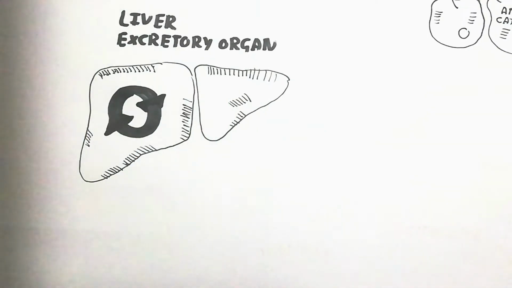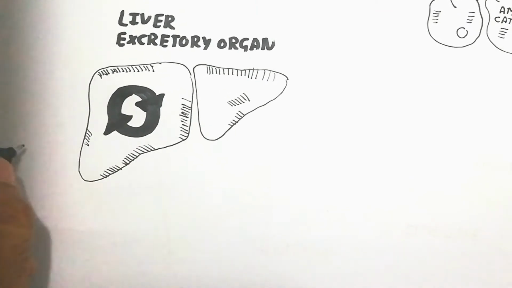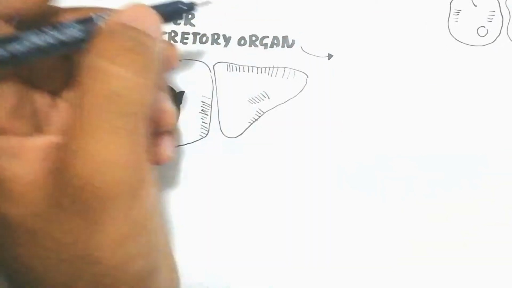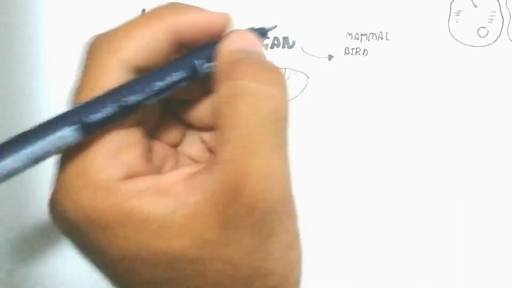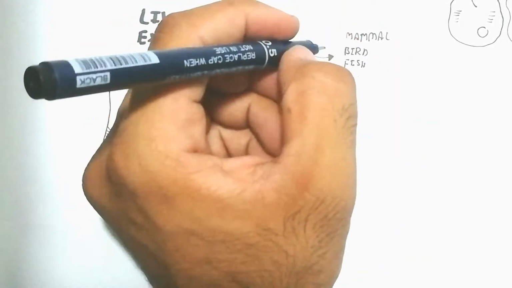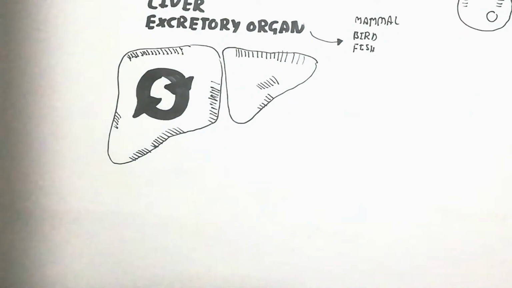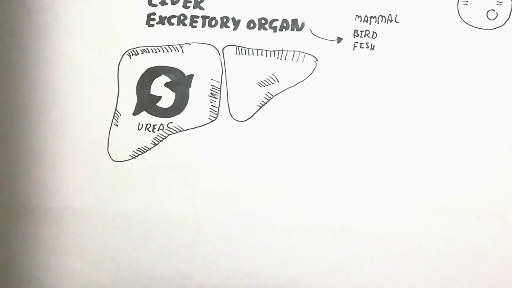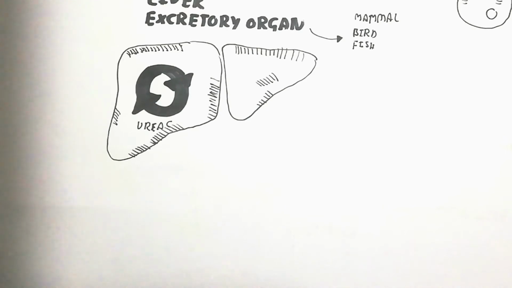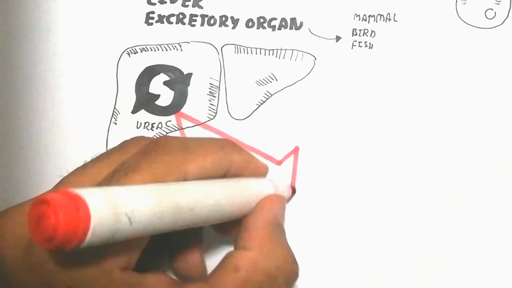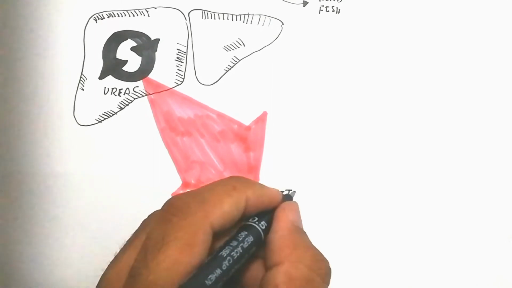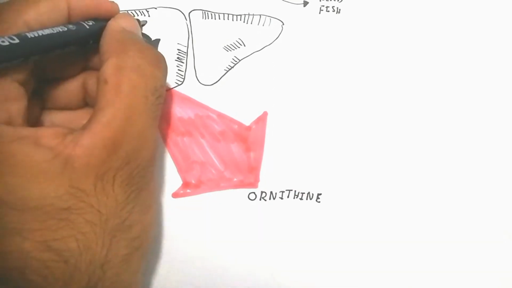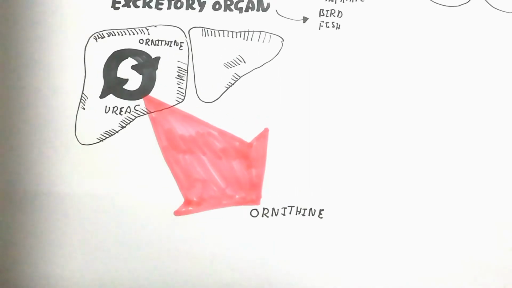Here the liver is the excretory organ, present in all mammals, birds and fishes, and all aquatic vertebrate animals. Urea is produced in the liver due to the urea cycle, because the urea cycle uses ornithine, which is present in the liver.